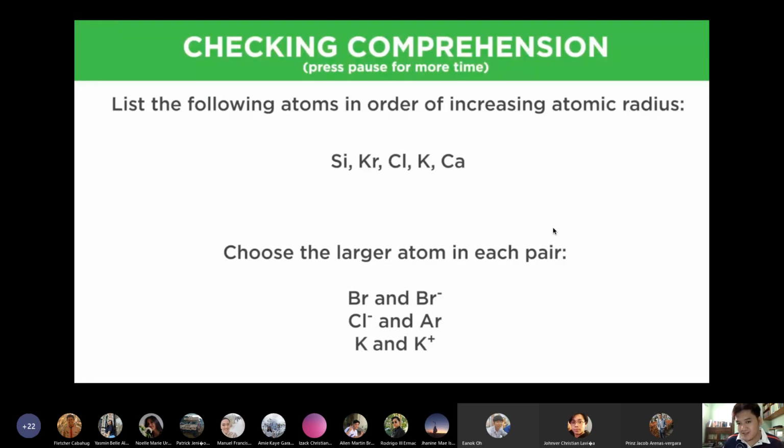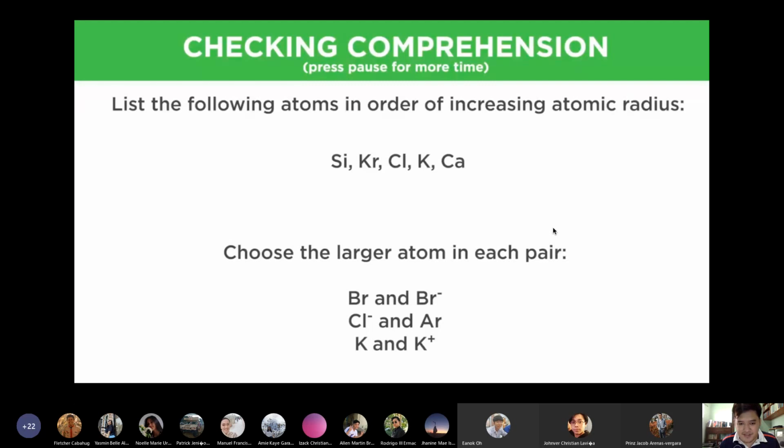So the smallest atom is chlorine, Cl. After chlorine is silicon, from right to left. After silicon, you have krypton. After krypton, you have calcium and then potassium.